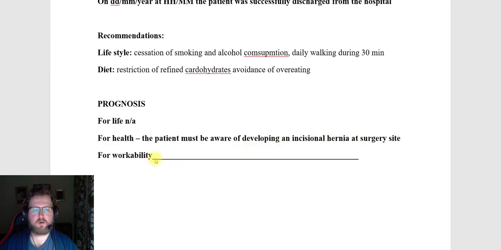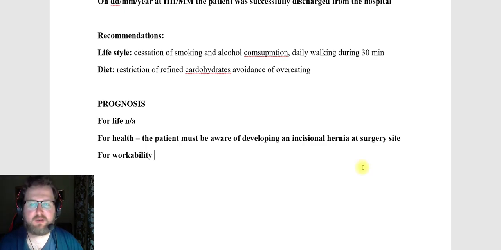And for workability, acute appendicitis usually doesn't reflect on the patient's workability in any way, so here also nothing special, nothing average.